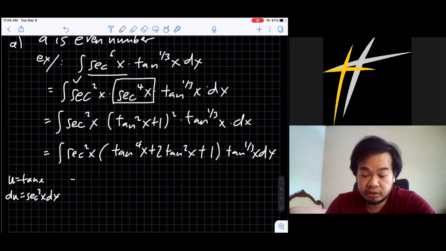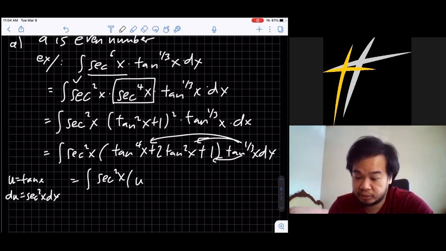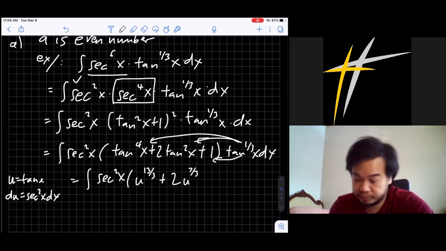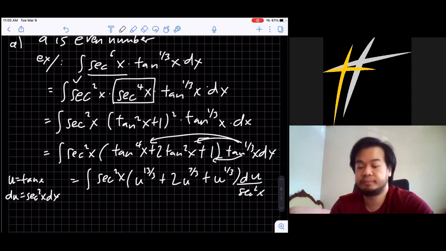So it's equal to the integral of secant square x, and then I distribute, so it becomes u power 4 times 1 over 3. It's addition, so 13 over 3, plus 2u power 7 over 3, plus u power 1 over 3, du over secant square x.